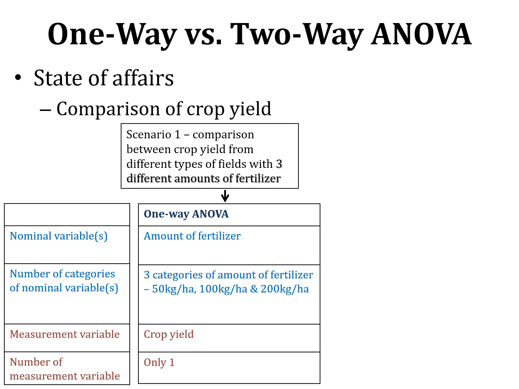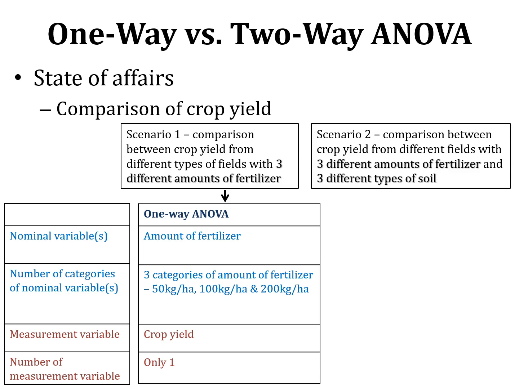In one-way ANOVA, the nominal variable is only 1, which is the amount of fertilizer, and the number of categories of the nominal variable is 3: those fields which have the amount of fertilizer as 50 kilograms per hectare, 100 kilograms per hectare, and 200 kilograms per hectare. So these are 3 categories. We are going to apply one-way ANOVA, and the measurement variable is only one, which is crop yield.